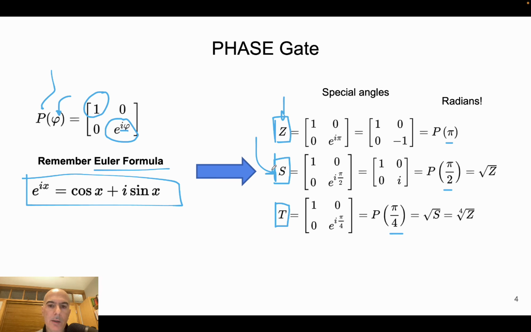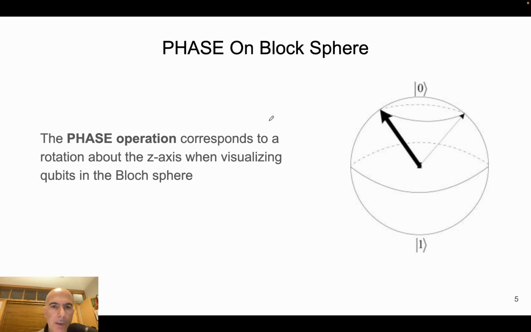The S quantum gate is a phase with pi over 2, and then T is our phase with argument pi over 4. So you will always see this also in the literature. These are just predefined phase quantum gates.